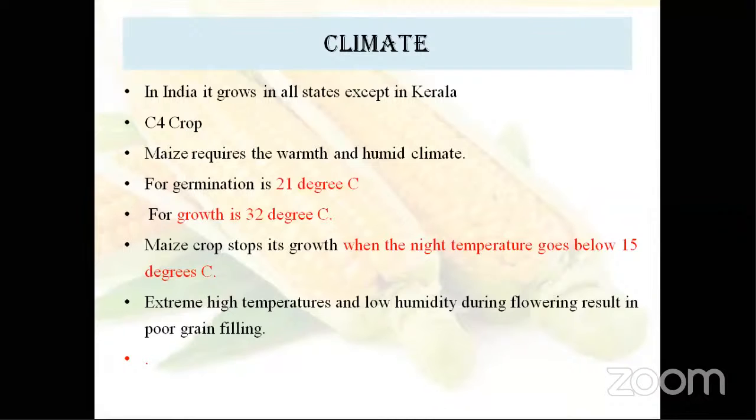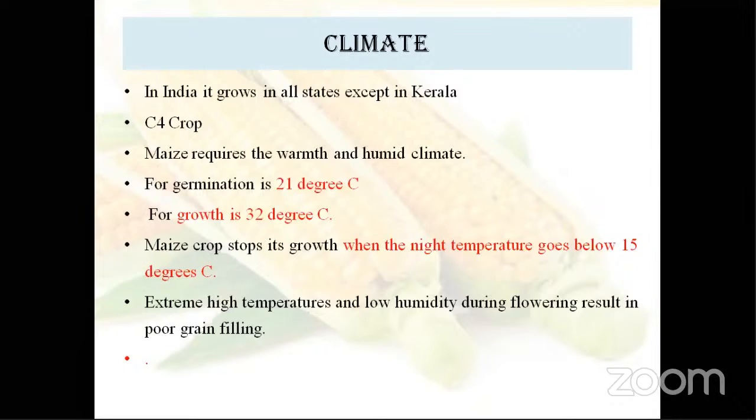As we already discussed, maize is a C4 crop. It has Kranz anatomy. What about the water use efficiency of the maize crop? Water use efficiency is high as compared to C3 plants like paddy and wheat, because it comes under C4.